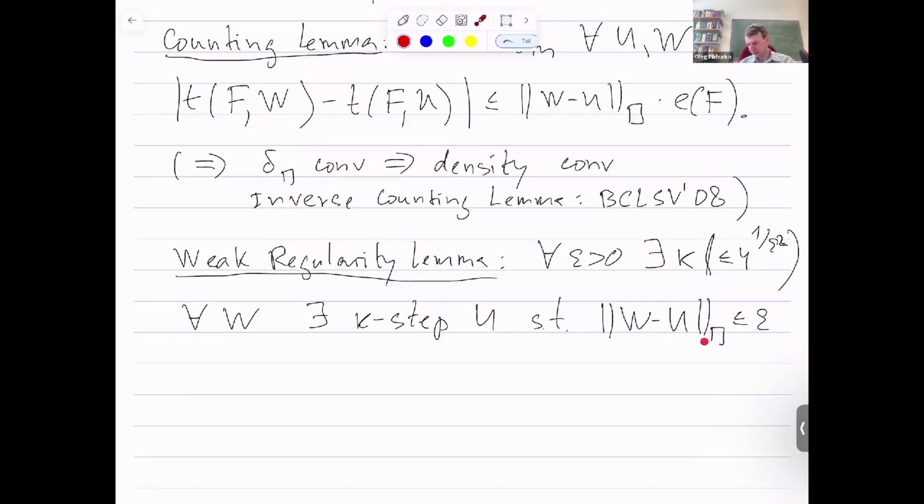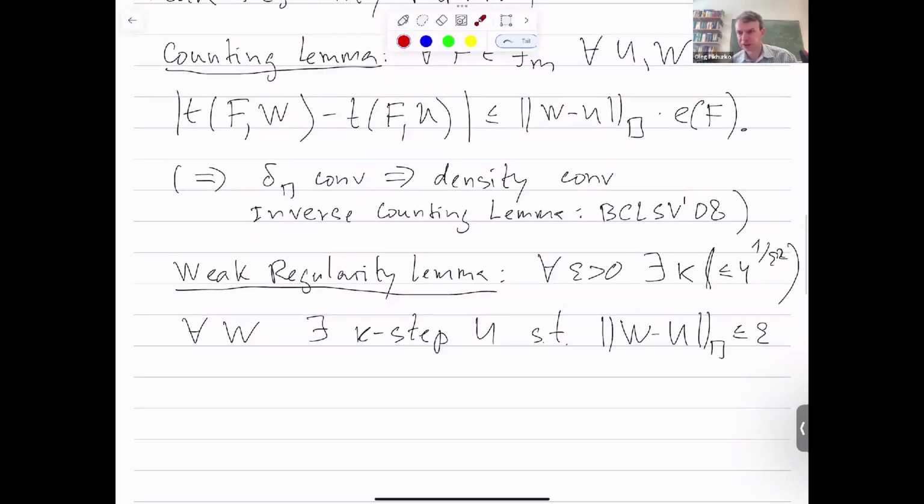Can I approximate it in L1 norm by some step functions? The answer is yes, but this number of steps would depend on W. So if you want to prove it for L1 norm, then you have to change the order of quantifiers: for every W, there would be some K which depends on W. And for applications, having K which depends on epsilon is very useful.